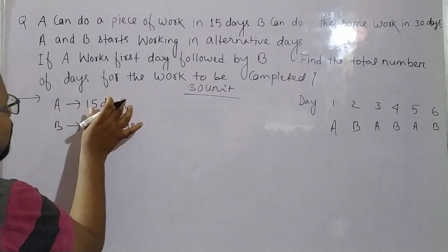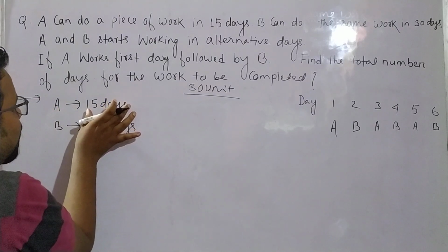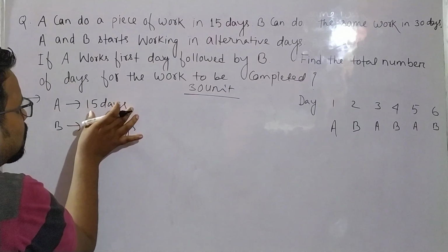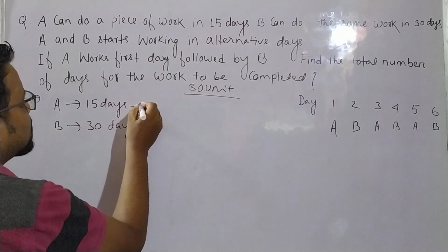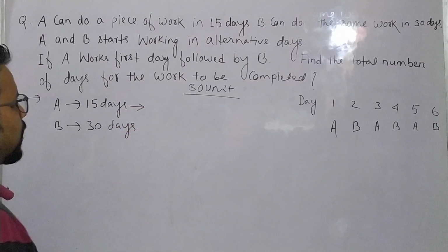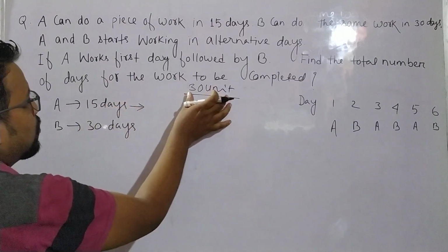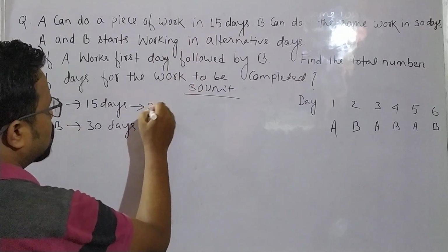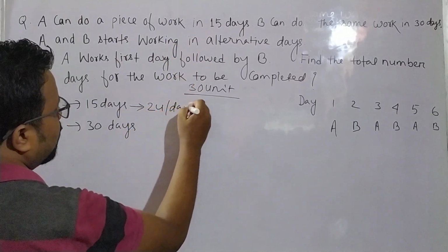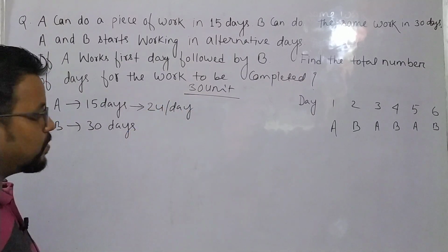If A does the work of 30 units in 15 days, in 1 day how much can A do? In 15 days A can do 30 units, so in 1 day A can do 2 units.